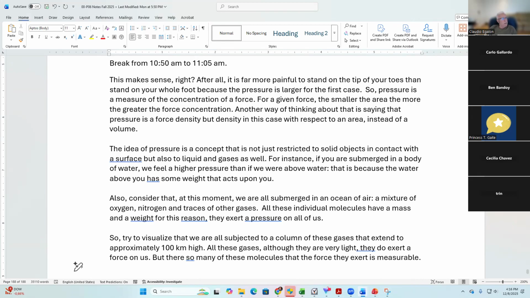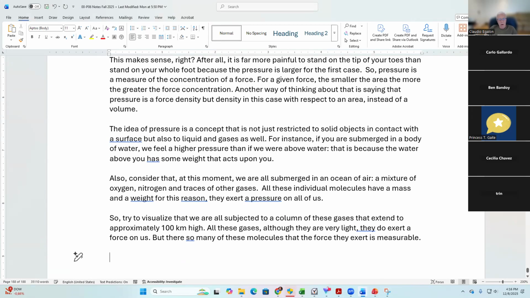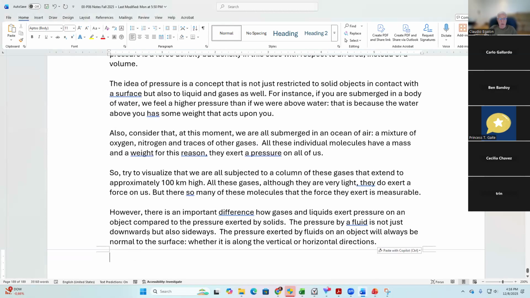However, there's an important difference between this type of pressure and the pressure that a physical object makes on a surface. There's an important difference in how gases and liquids exert pressure on an object compared to solids.